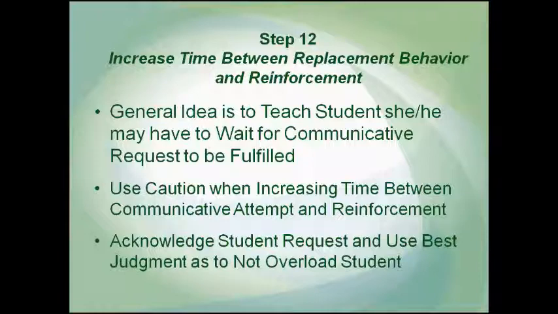And then we're looking at increasing the time between the replacement behavior and reinforcement. Again, this is down the line. As we had in that previous discussion, if someone's asking for a certain type of adult, we might have to make that adult available, but that is not the end goal.